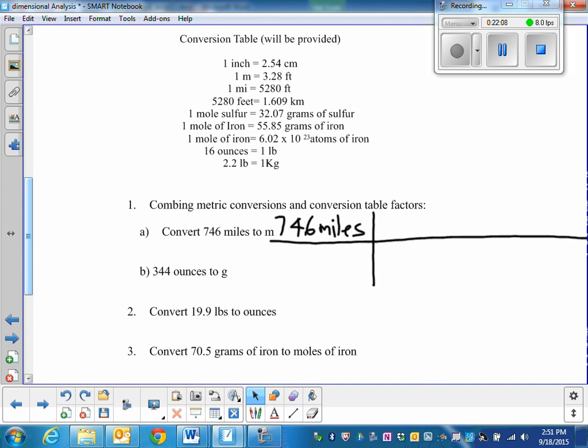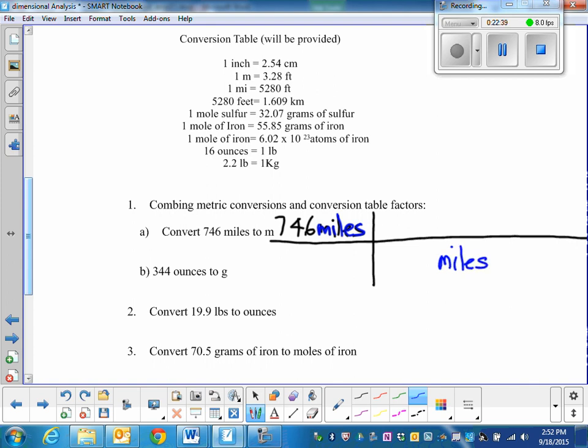Now, this chart is on your previous page. I do realize I have to go from miles to meters. But let me ask you something. I need to cancel out of miles. Is that correct? Is that my first step? What will I write in the bottom here? Miles? In order to cancel miles, what will I bring down, David? Miles. Should miles go in the bottom?